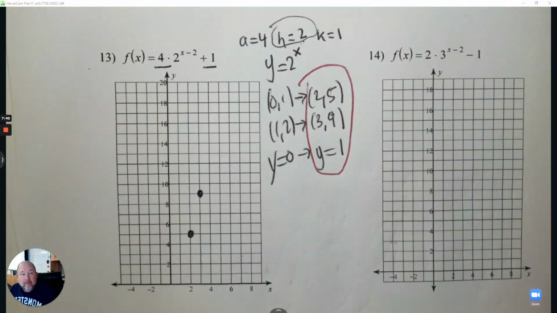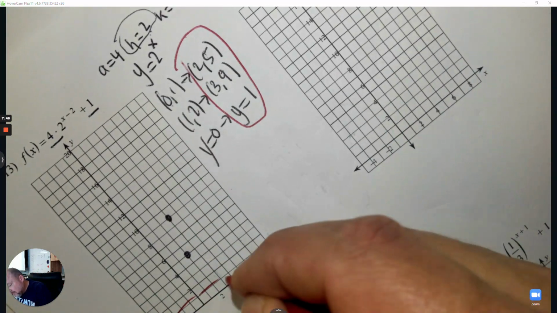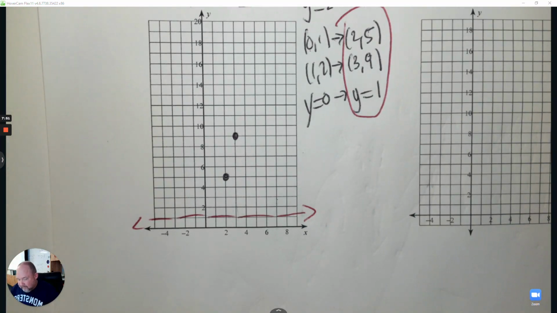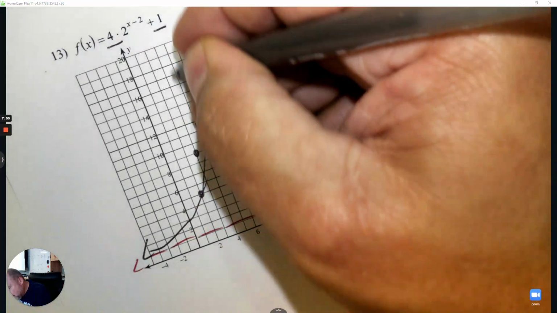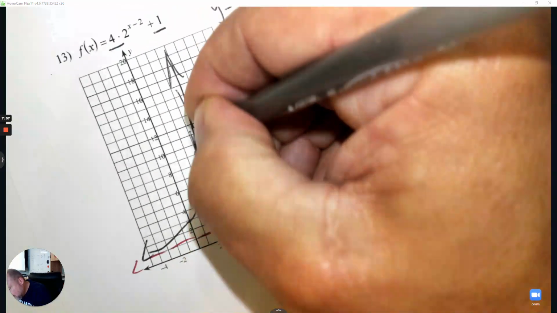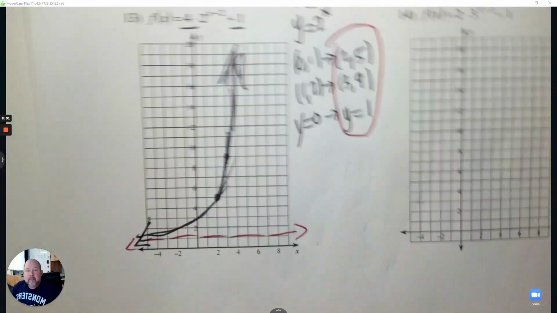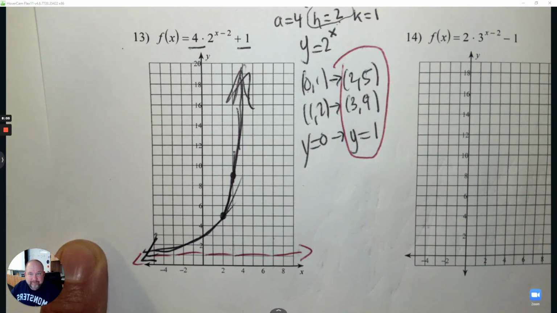I'm not going to graph both of them on the graph. So at y equals 1, I'm going to do an asymptote. And then I'm going to graph from there. So I'm going to curve it. And you notice one end goes up and the other end's going to follow the asymptote.